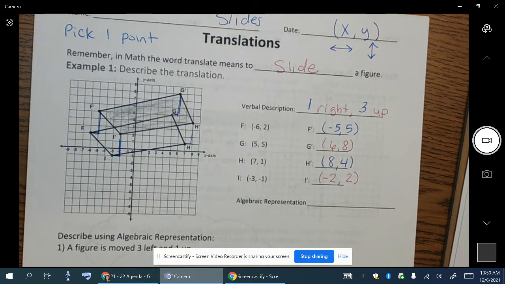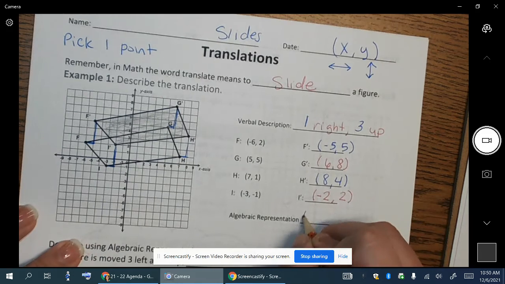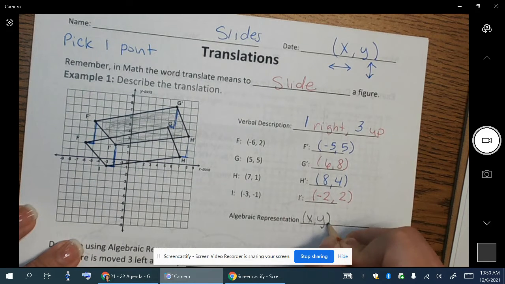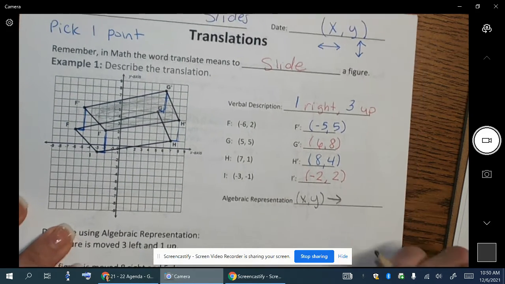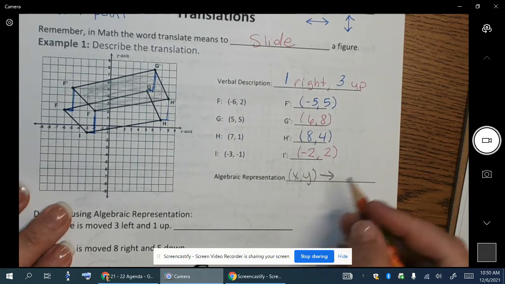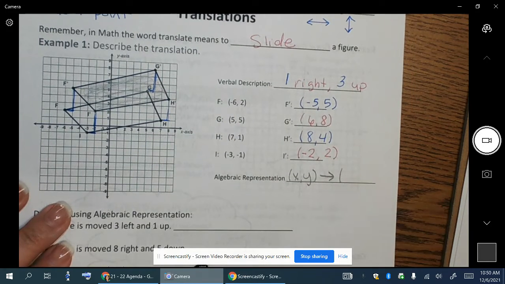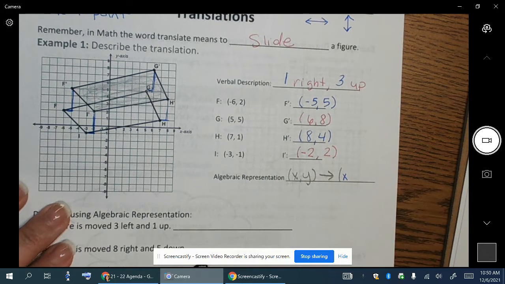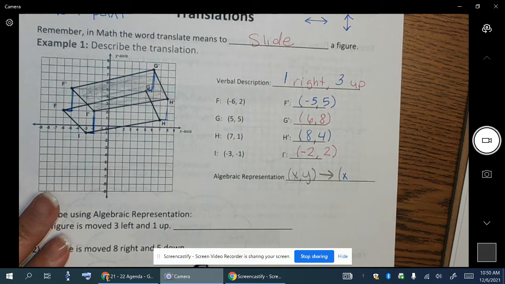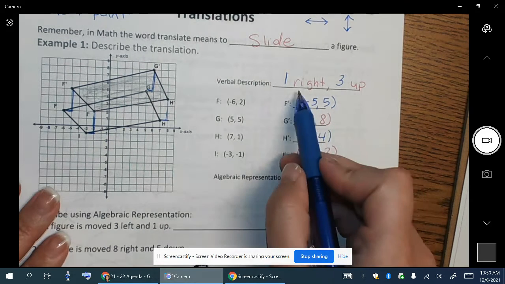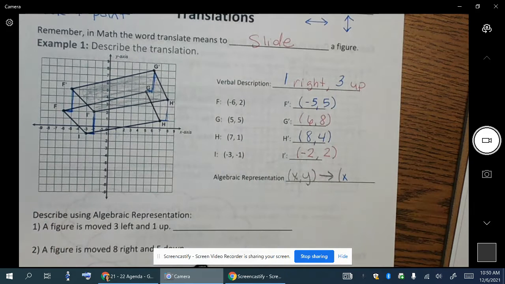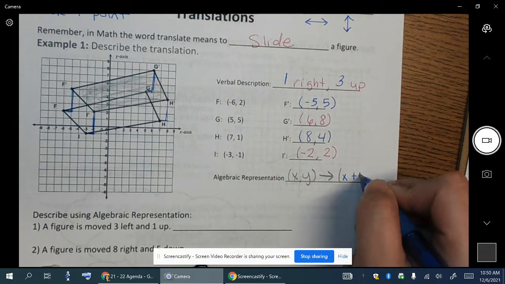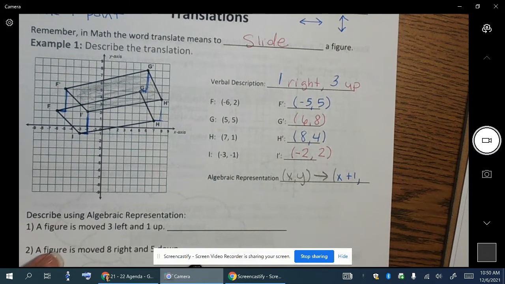Okay. So our algebra, we always need to start with x comma y and an arrow, because this is telling you this is the original. And now my new shape, we always start with x. What happened to x? It went one to the right. So was that a negative or a positive? Positive one. Okay. Then we look at our y values.